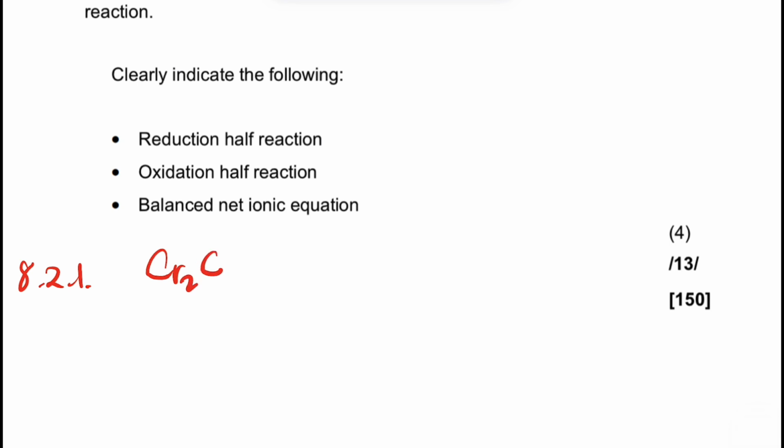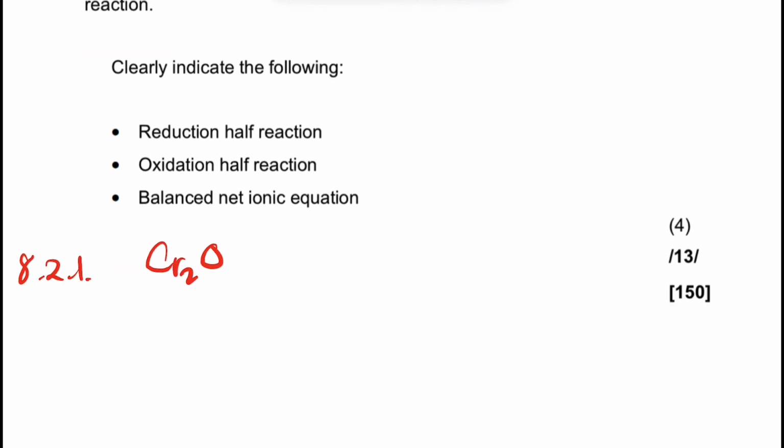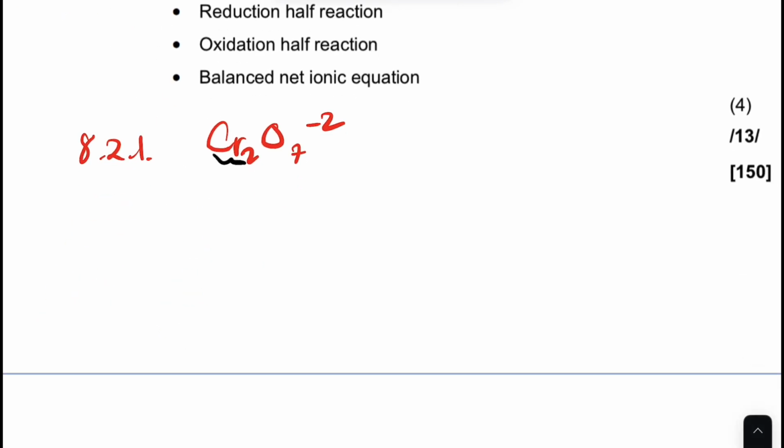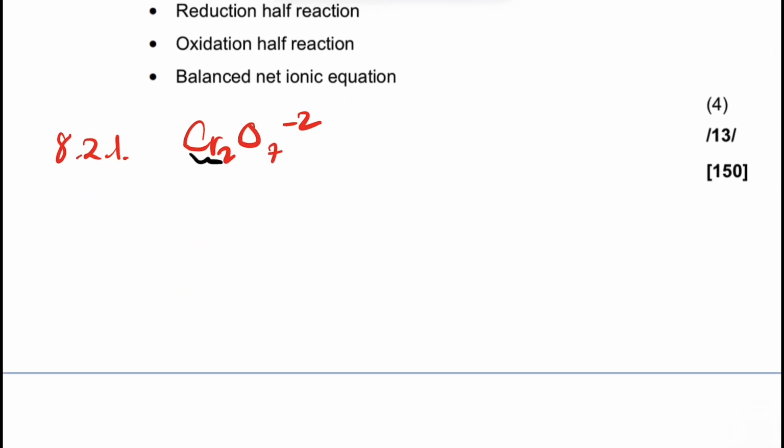It's Cr2O7 2-. So we wanted the oxidation number of Cr. So what do we do here? Guys, we have this -2. That means it's the net oxidation number for the entire ion. So I'm going to put -2 there.